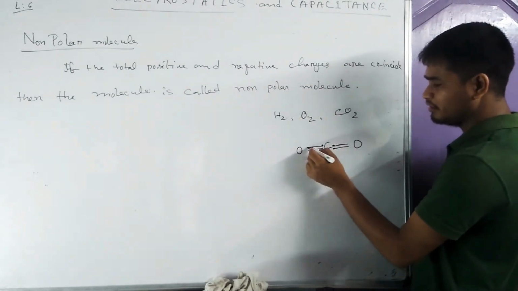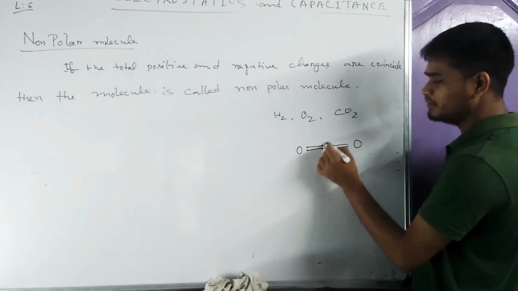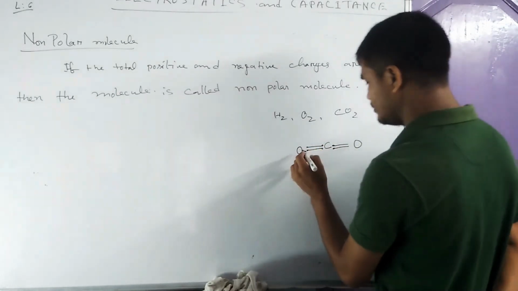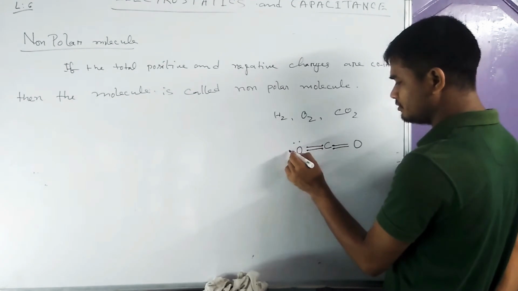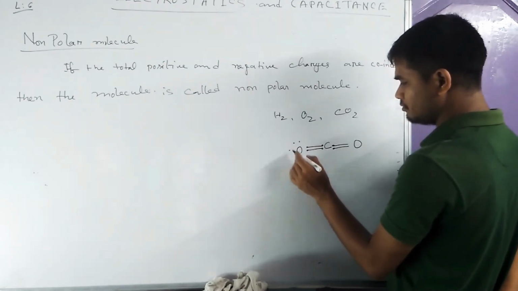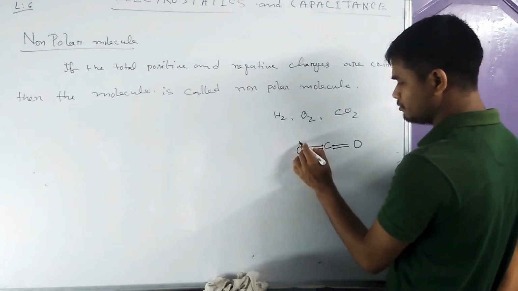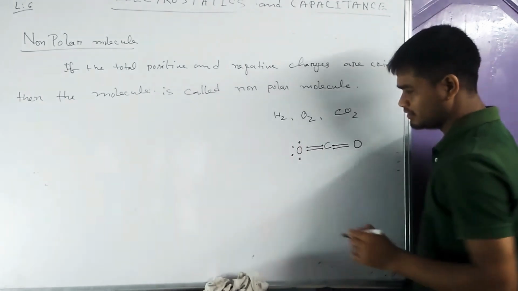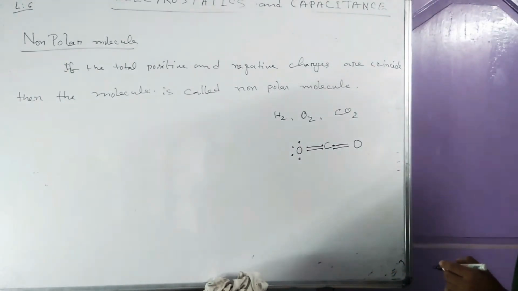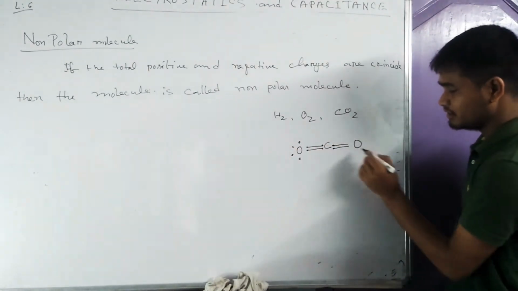The total electrons: there are 4 electrons in carbon, and 6 electrons in oxygen. Outermost shells are considered.